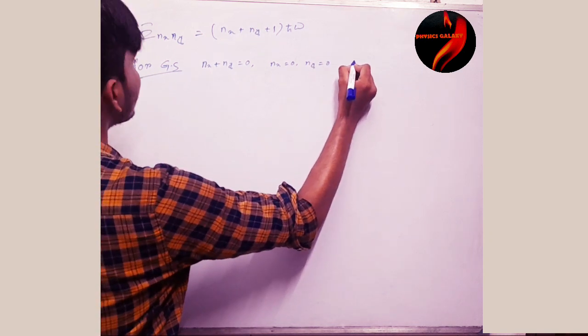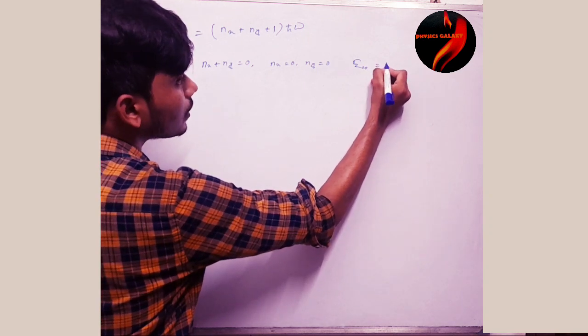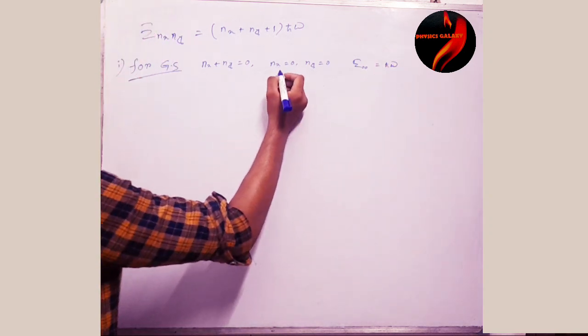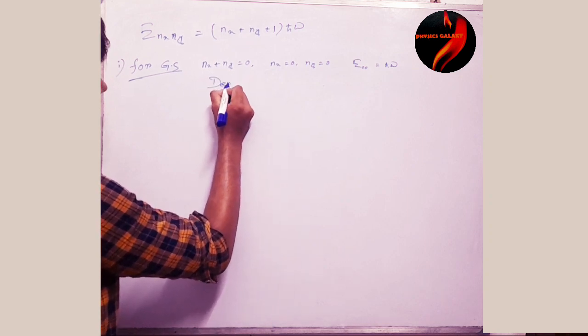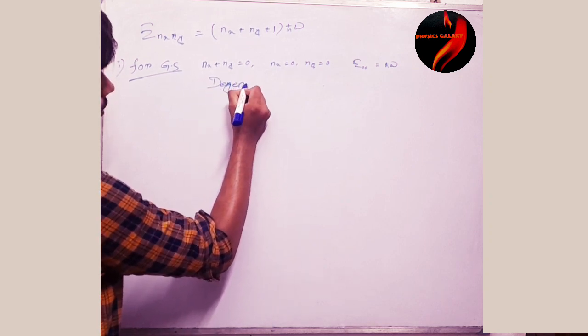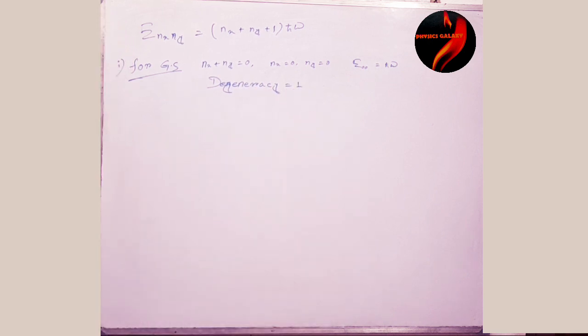So the energy will be only h cut omega, and its degeneracy should be 1, d equals 1.